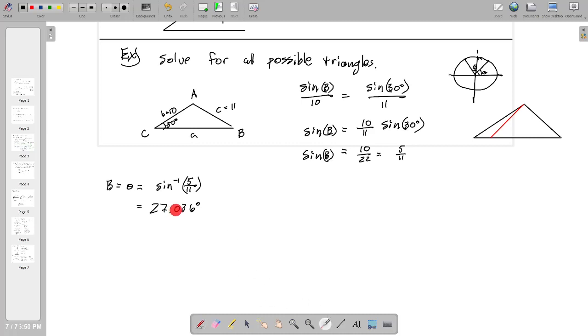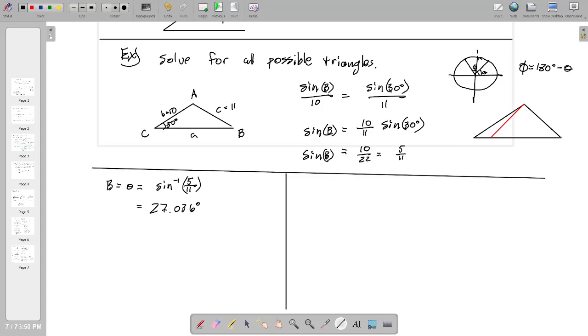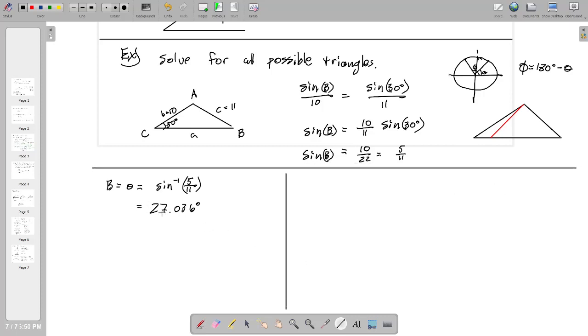And then we have to subtract this from 180 to get our phi. So phi is equal to 180 degrees minus theta. Our first possibility will be when B is equal to 27.036 degrees. Our second possibility is when B is equal to phi, which is 180 minus 27.036 degrees.